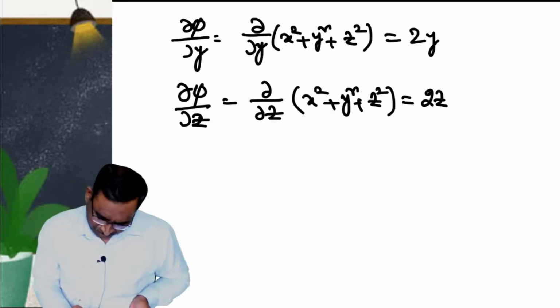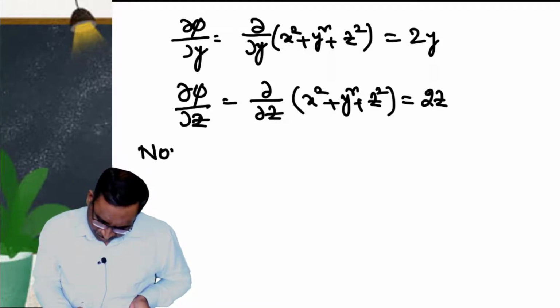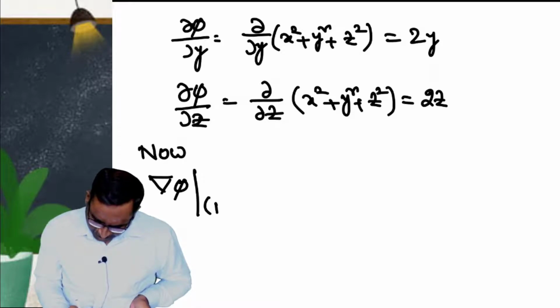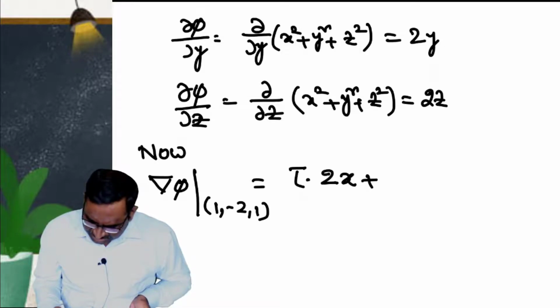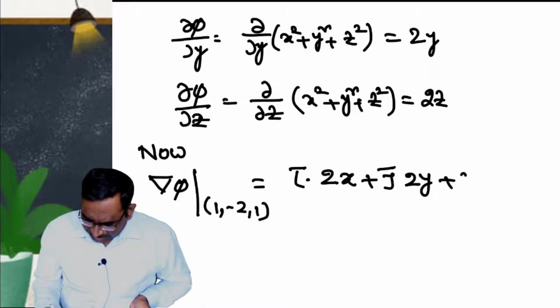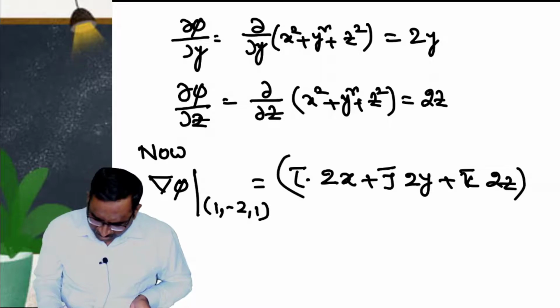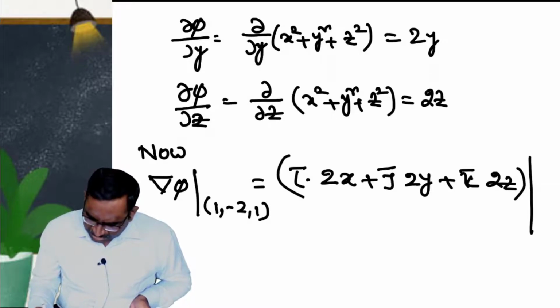Now del phi at the point 1, minus 2, 1 is i bar times 2x, j bar times 2y, k bar times 2z, calculated at 1, minus 2, 1.